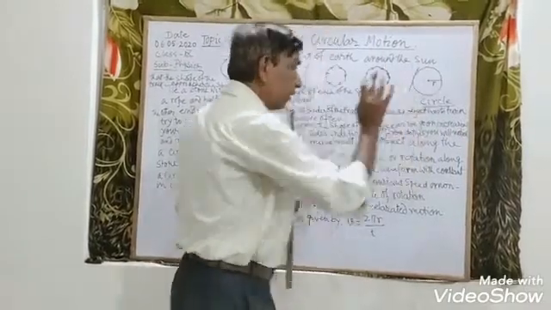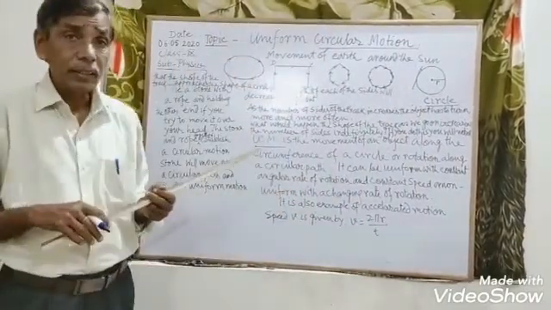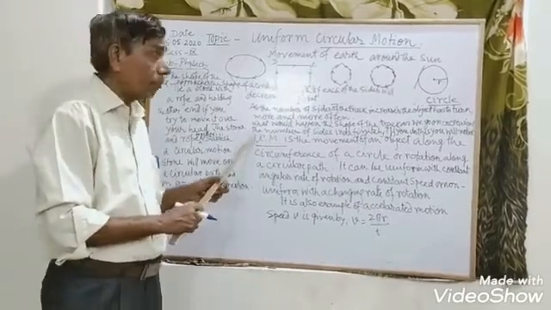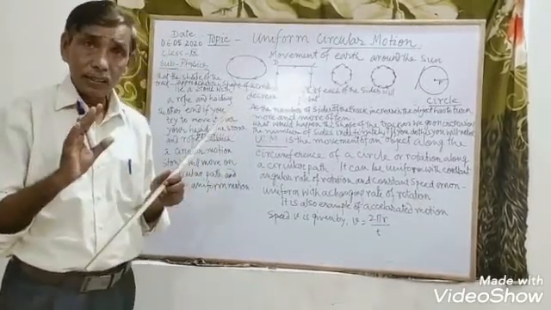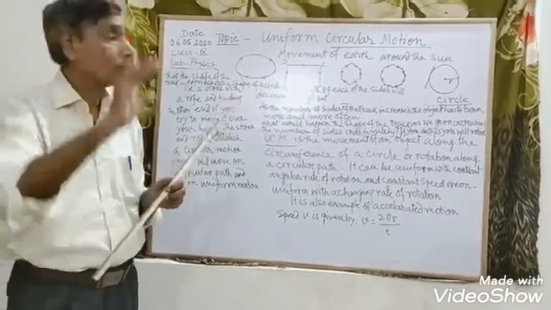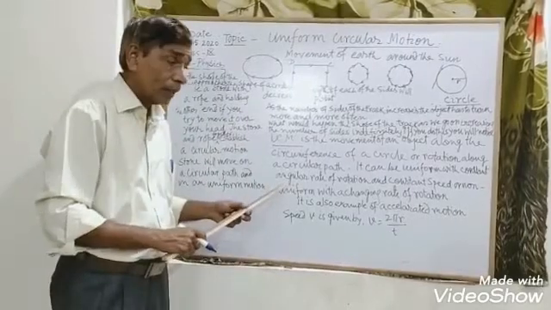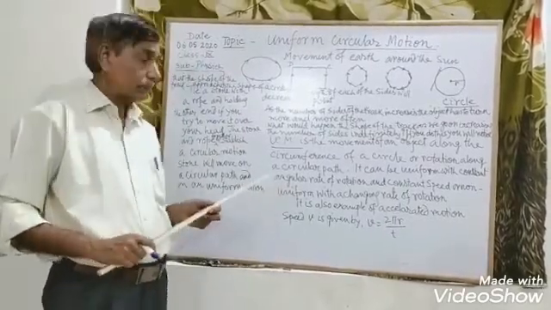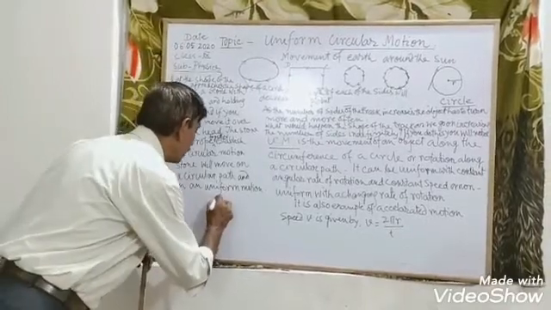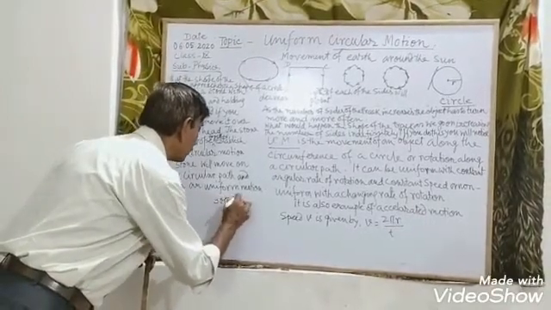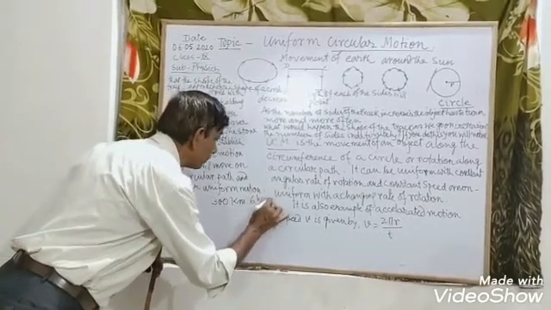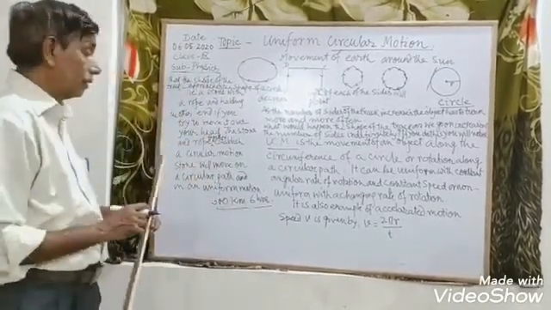With a constant speed. What is speed? You have already studied. When an object covers a distance in a particular unit of time, it is called speed. Suppose a car covered a distance of 300 kilometers in 6 hours.